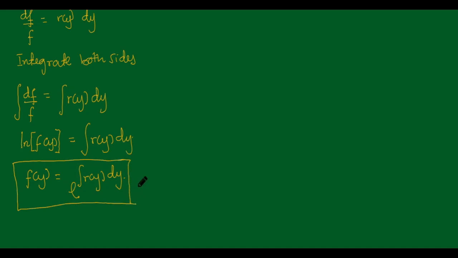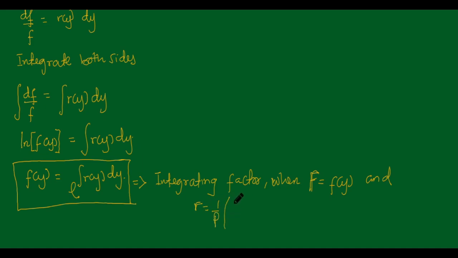So this gives our integrating factor when f is a function in y only, and our r, which is equal to 1 over p times the partial derivative of q with respect to x minus the partial derivative of p with respect to y, is a function in y only.